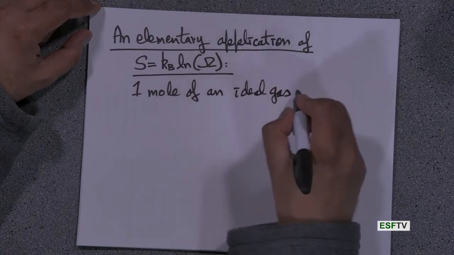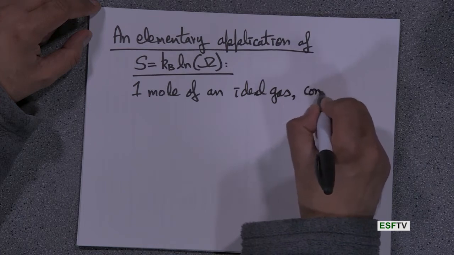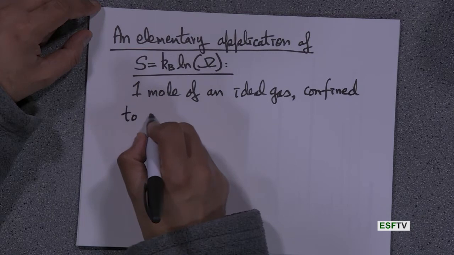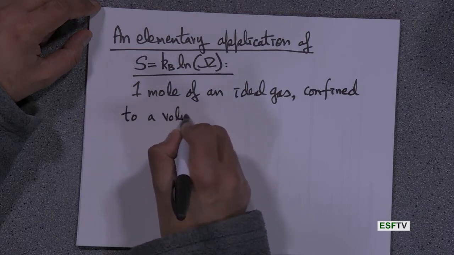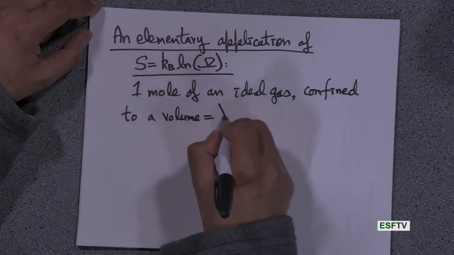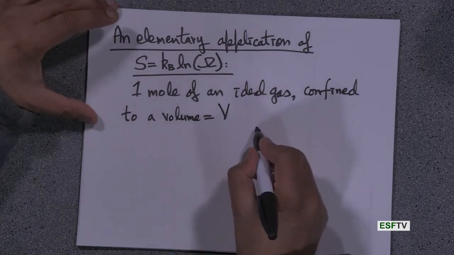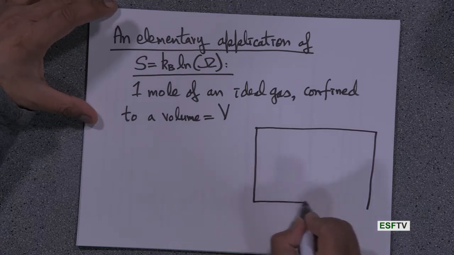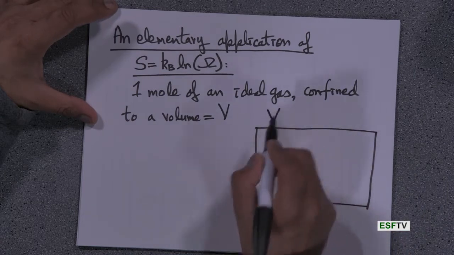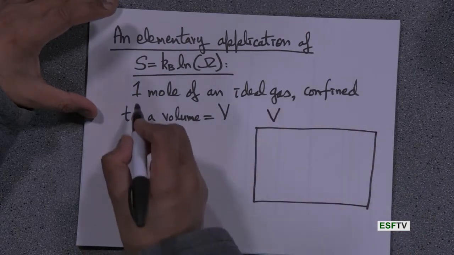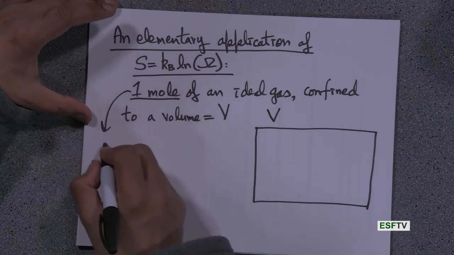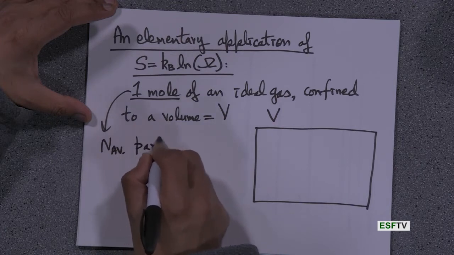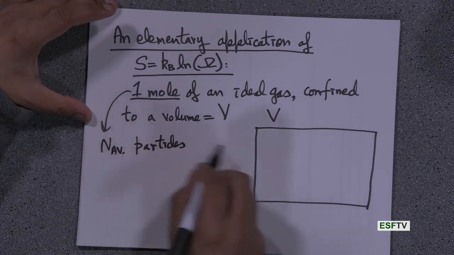And let's say this gas is confined to a volume, let's call it V, and draw a picture. So that's the volume V, and we have Avogadro number of particles. So 1 mole, n Avogadro particles, atoms or molecules, confined in this volume.